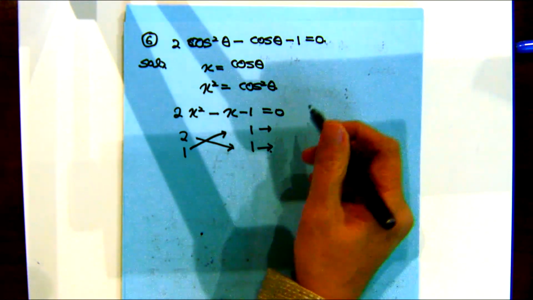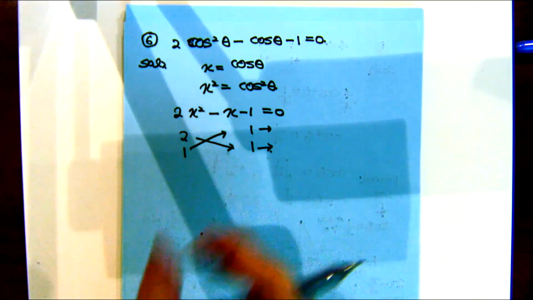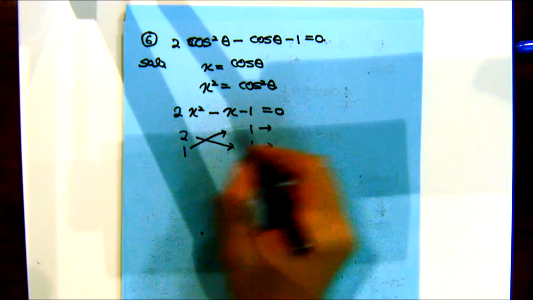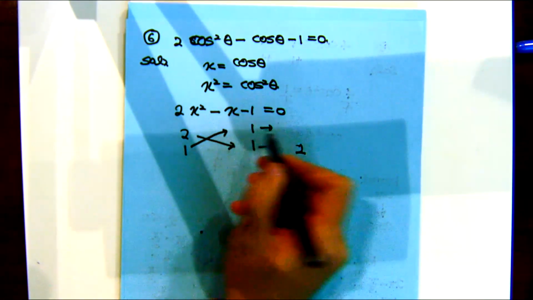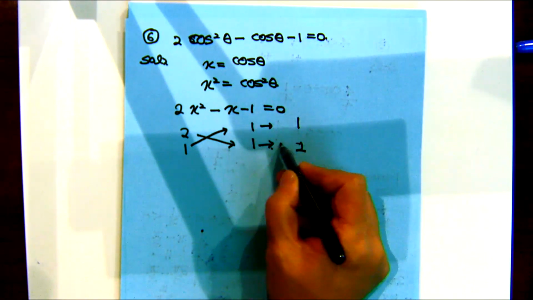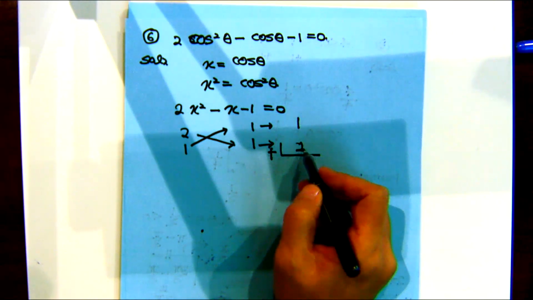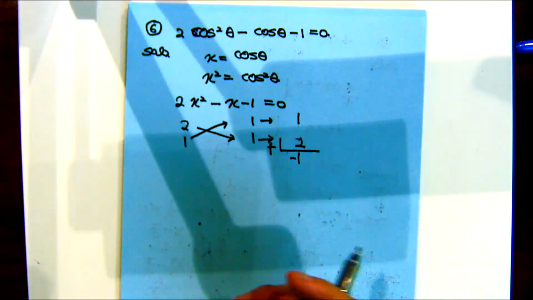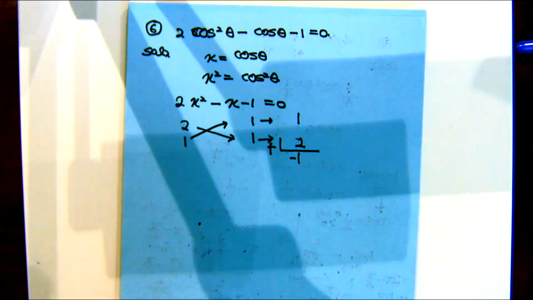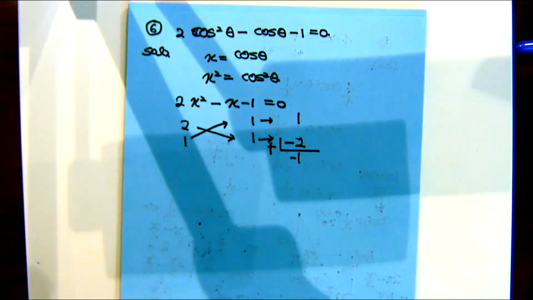I'm doing FOIL with this method. So 2 times 1 will make 2. 1 times 1 will make 1. And our rule is when we add the 2, we have to get the number in front of x, negative 1. So that can be achieved only if we put a negative sign in front of 2.